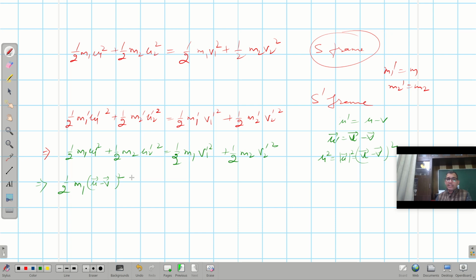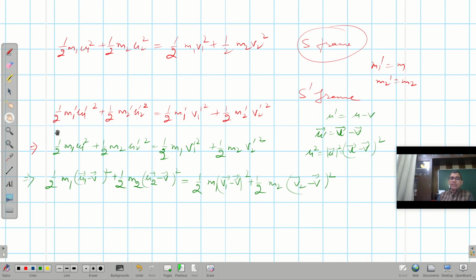So it is half m1 u1 minus v whole square plus half m2 u2 minus v whole square, which is equal to half m1 v1 minus v whole square plus half m2 v2 minus v whole square.